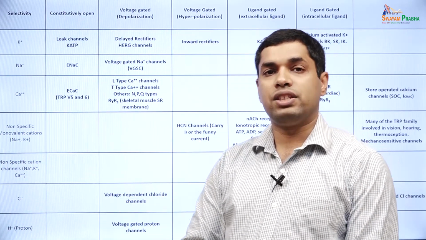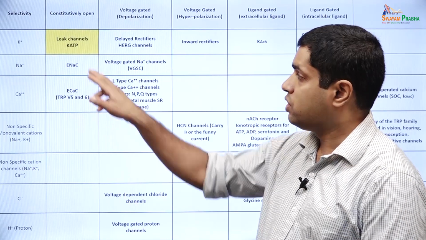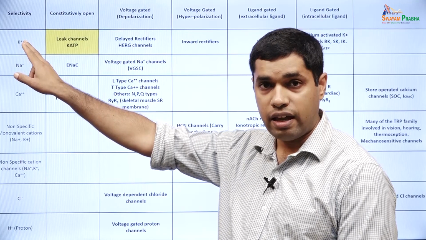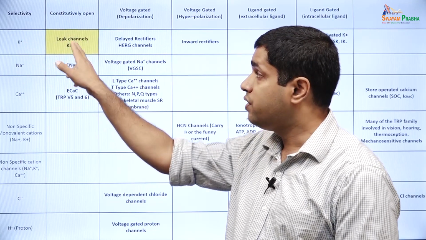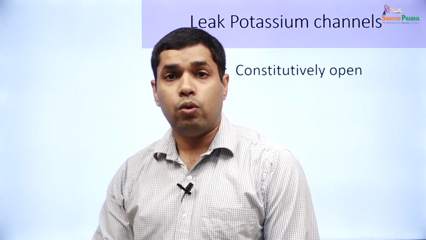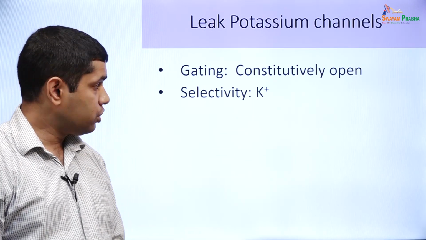Let's begin now with an interesting ion channel, which is the leak potassium channels. These are potassium channels, and what about their gating? These are constitutively open, or they are not gated. Their selectivity is for potassium.